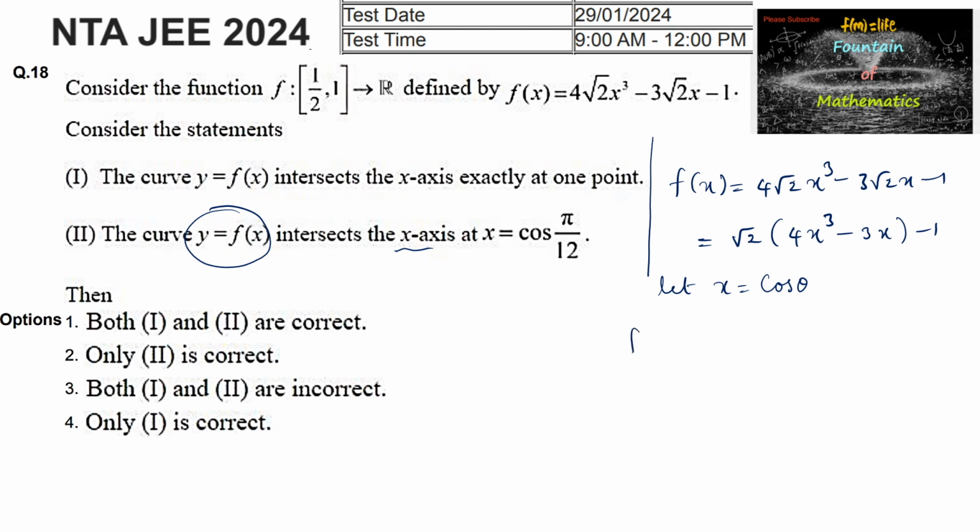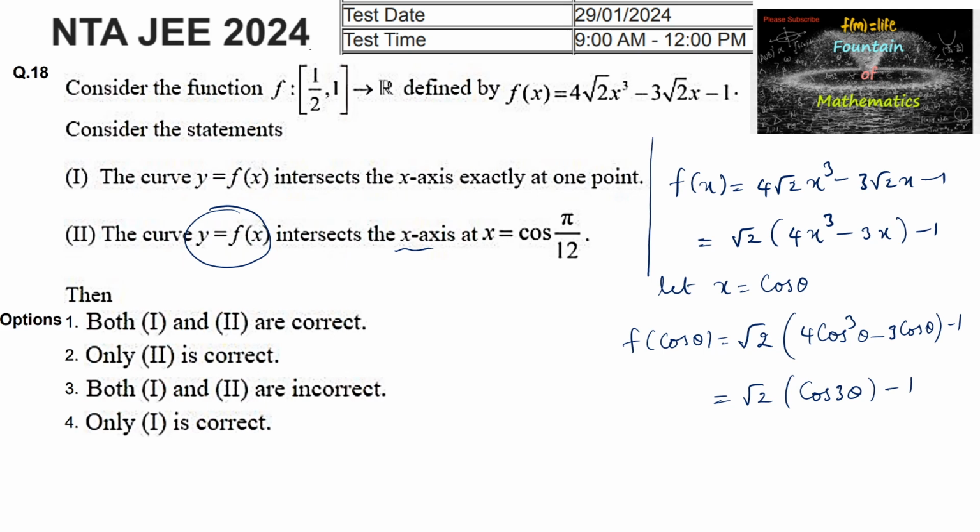So we can write f(cos θ) = √2 times (4cos³θ − 3cos θ − 1), that is √2 times (cos 3θ − 1).